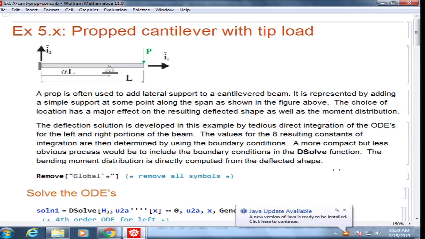Okay. Now what can we say about the slope? Does this pin joint restrict slope? No. The pin joint doesn't restrict slope, so it has to be continuous.